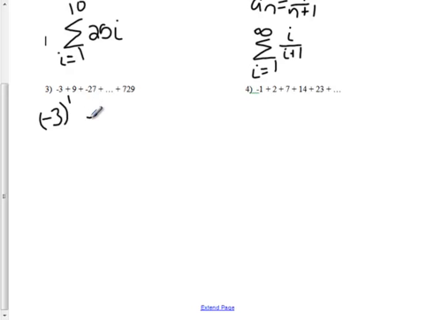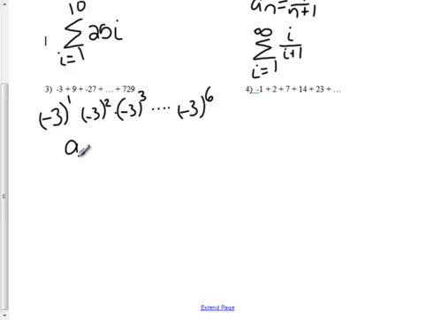Well, then I knew that -3 raised to the second would give me 9. -3 raised to the third would give me -27. Then I skipped along, and I want to know how I got to 729. Well, you guys could practice in your calculators and keep multiplying -3 together. However, I know that -3 raised to the sixth is 729. Also notice that it is a positive, so it must be one of the even powers.